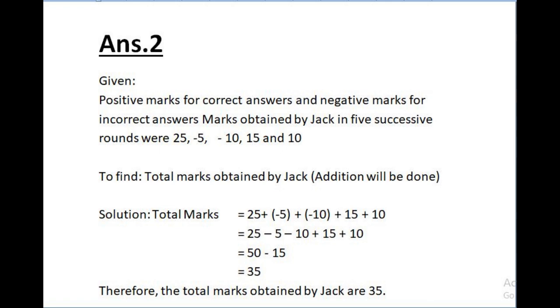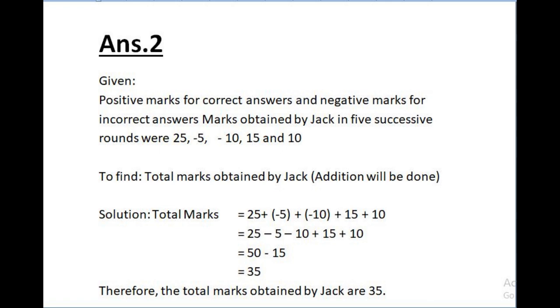Yes, addition. In the solution part, we will write all the marks along with their sign to add them. Okay, so as the numbers have different signs, here first, as per the BODMAS, we will add like terms and then we will subtract the unlike terms.